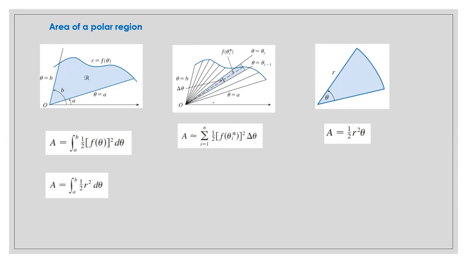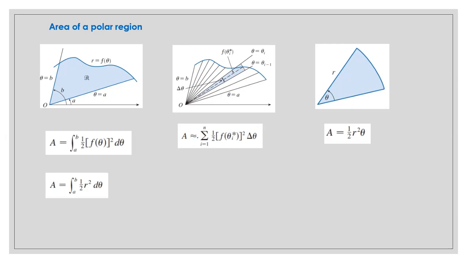So with the Riemann sum, I can approach this area by adding up all those little triangles, which approximate the sectors. The radius of these triangles is f of theta.